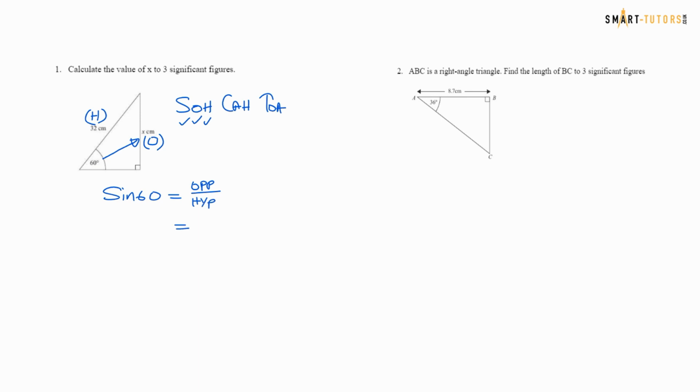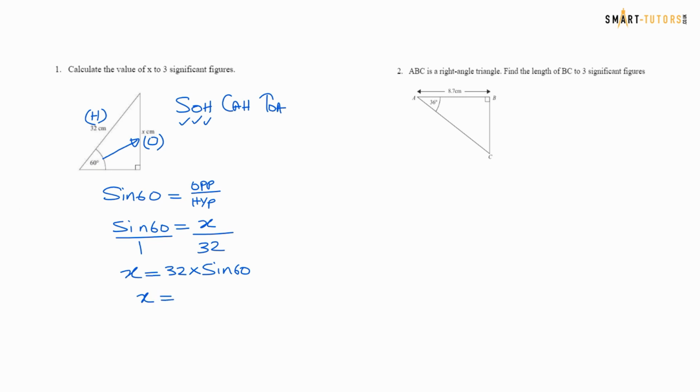So sine 60 equals opposite, which is x, over hypotenuse, which is 32. Sine 60 over 1. Cross multiply: x times 1 is x, equals 32 times sine 60. So that is the answer for question number 1.